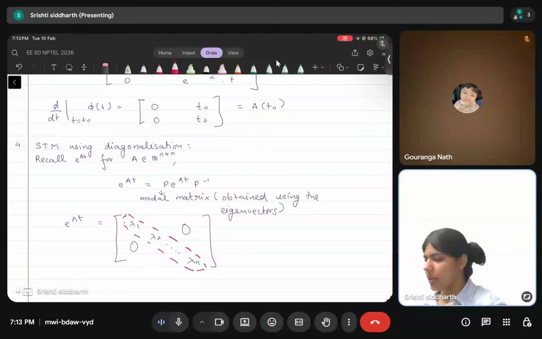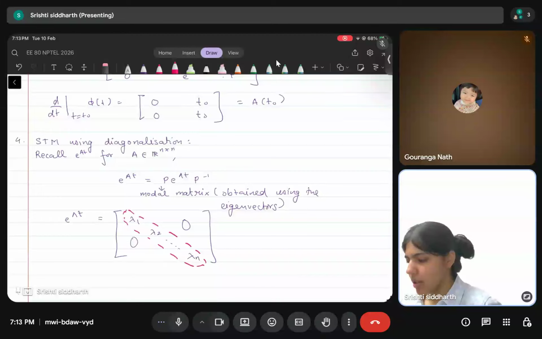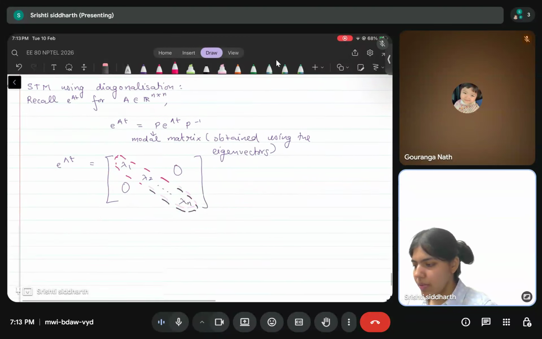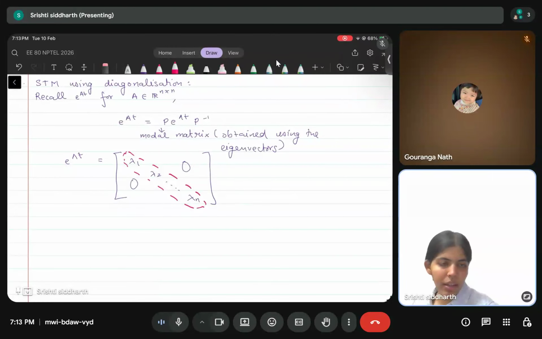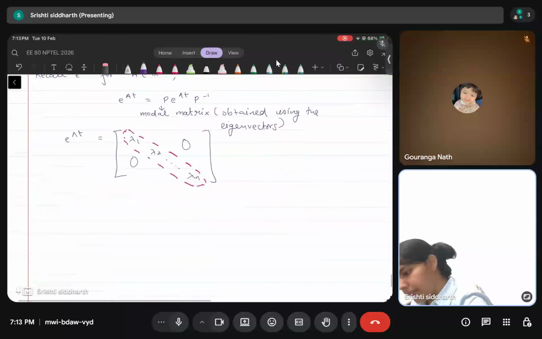So let's look at an example which we've already seen before. We have computed the state transition matrix using the Laplace inverse. And now let's see if we can get the same matrix using diagonalization. So this is question 8.